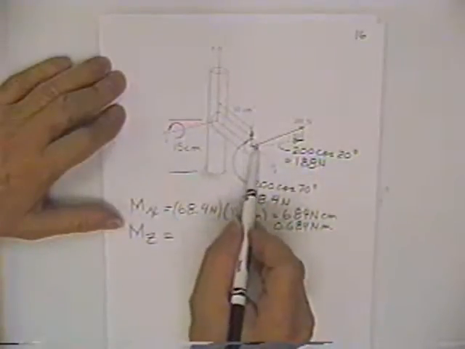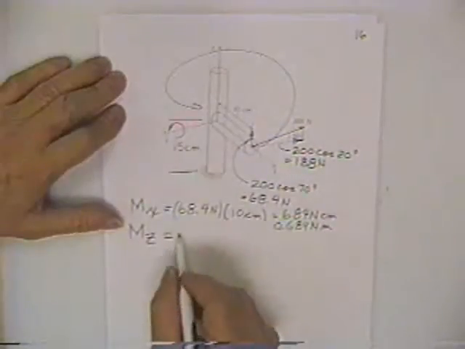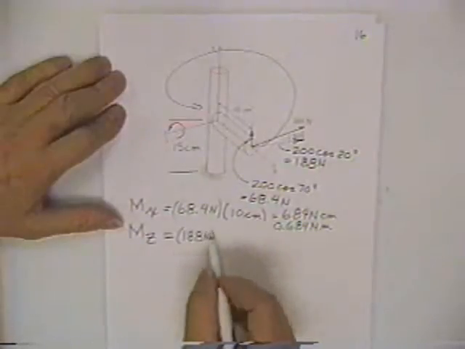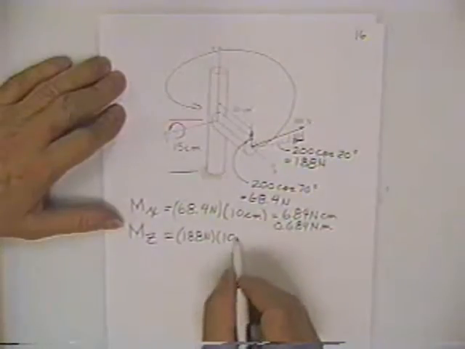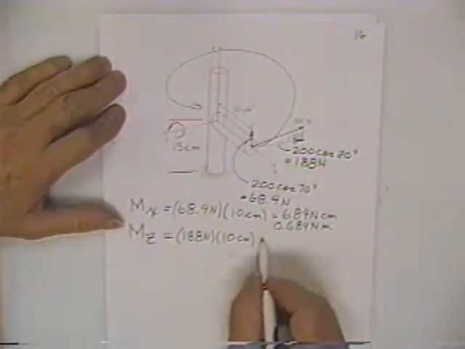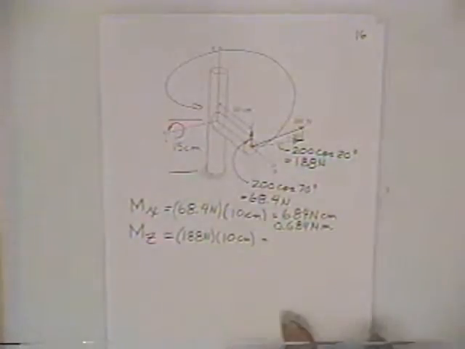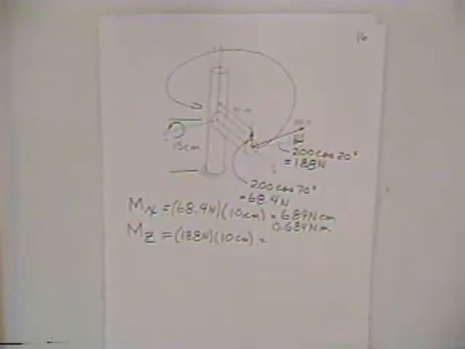You can see it would roll around that axis, and therefore it is equal to 188 newtons multiplied times how far it is off of the z-axis, 10 centimeters, and whatever you get. So that'd be like a three-dimensional problem with moments.